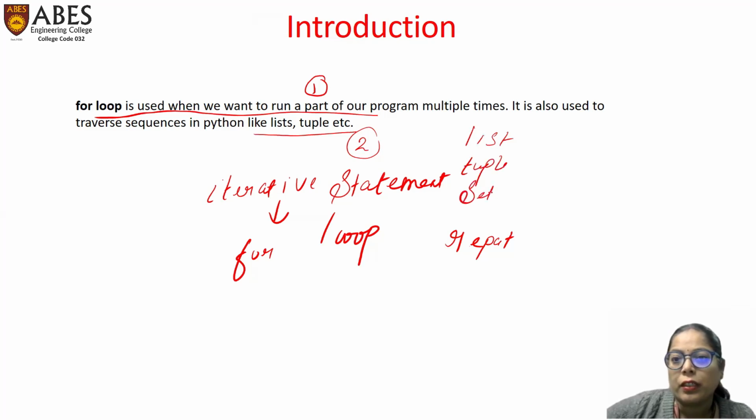If you have not studied them, I suggest you go through the unit 1 video. So a for loop is used when you want to traverse the elements of a sequence like a list or tuple. These are the two scenarios where we use a for loop.